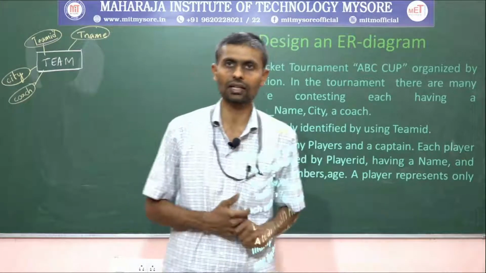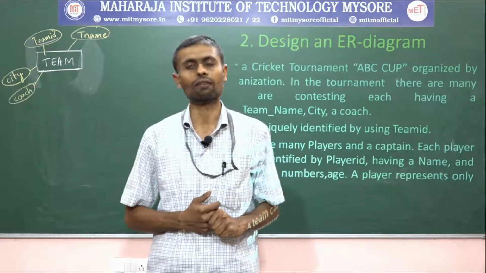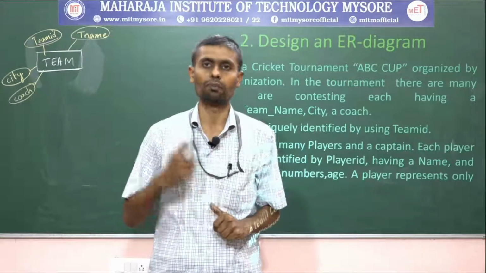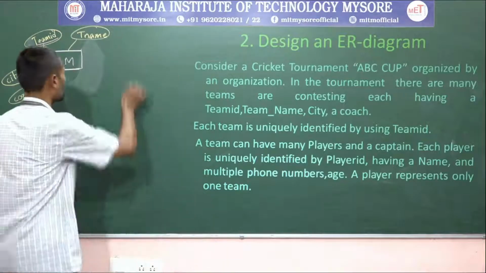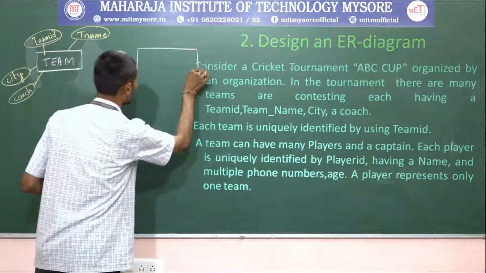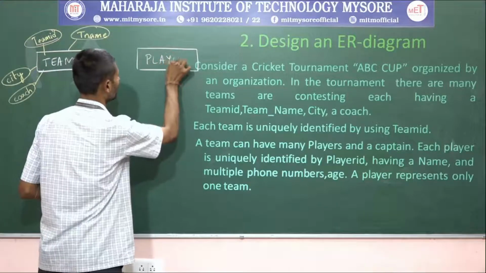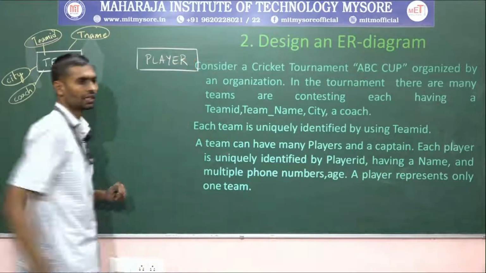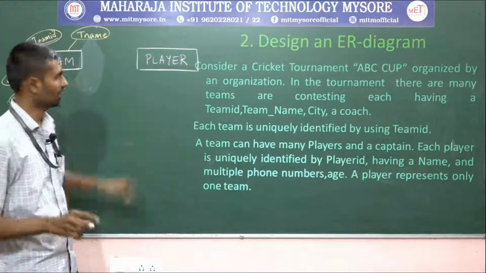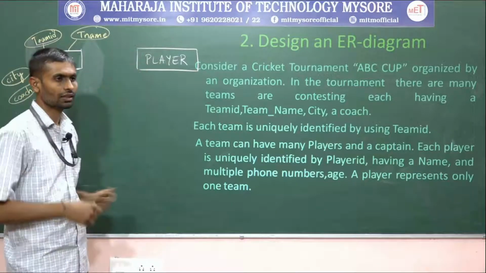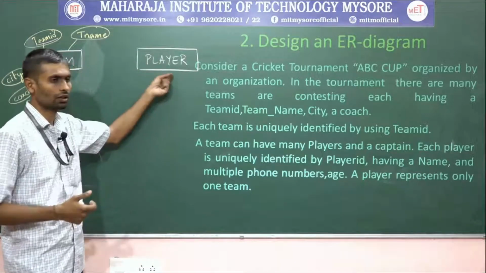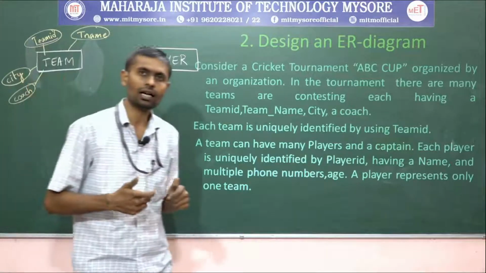It's an indication that we should construct one more entity type in the name of player. So, let me have one more entity type in the name of player. The notation used for an entity type is what? A rectangular box, right. And the names we write should be capitalized, that means written in uppercase letters.